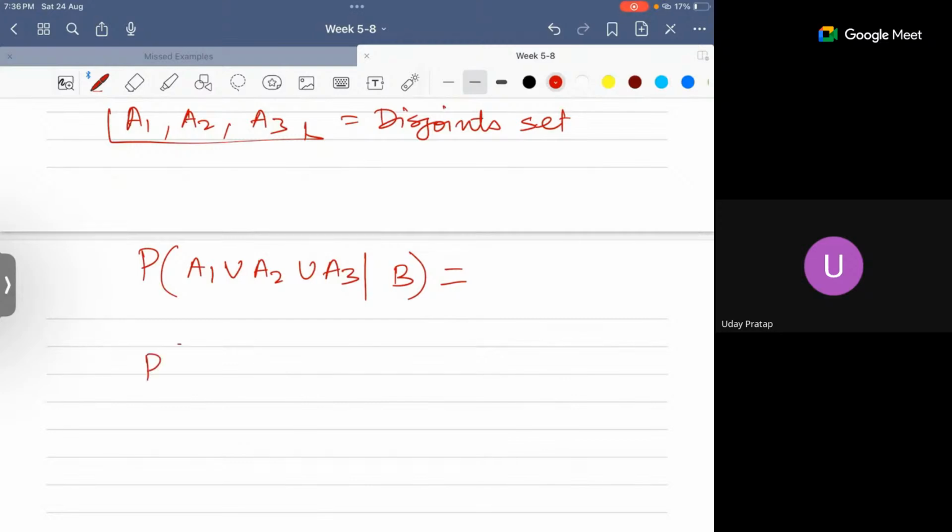If all three sets are disjoint, you can write it like this.